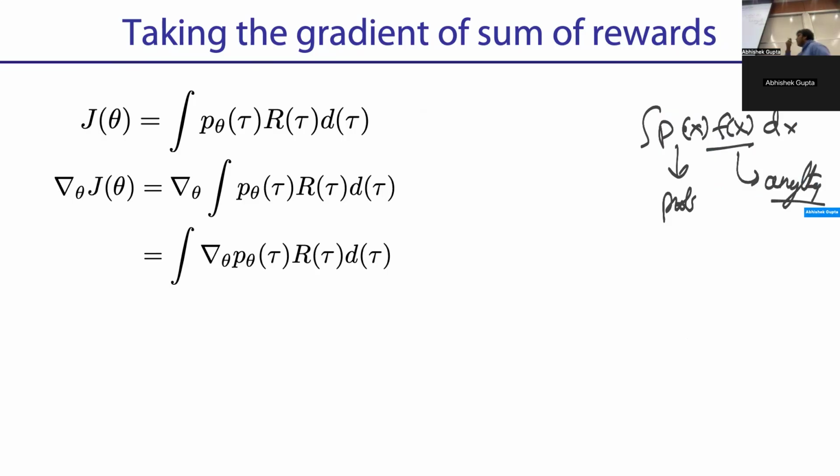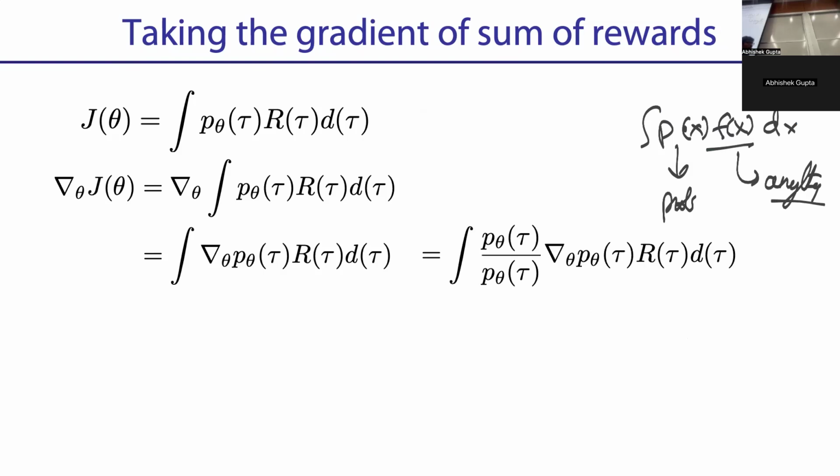So what might I do to this expression to make it an expectation? Ideas? Almost. What we're actually going to do is multiply and divide by p theta tau. So it's not by the sum, because the sum is hard to compute, but we're just going to multiply and divide by p theta tau.